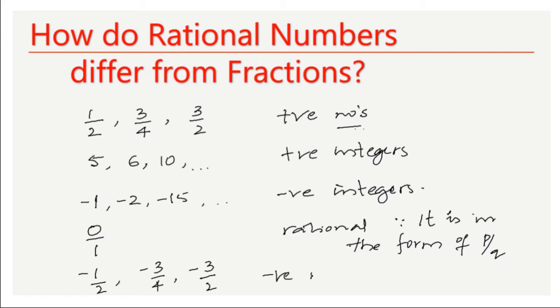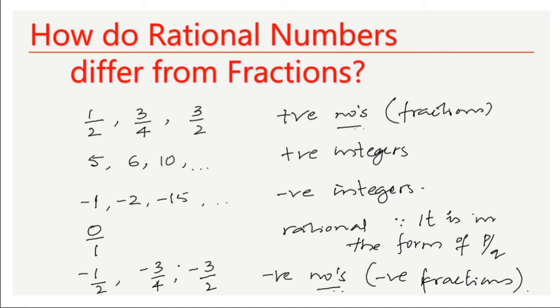These are all negative numbers. They are the negative fractions. These are the fractions, and these are the negative fractions. These are all in the form of p by q, where p and q are both integers and q is not equal to 0. So I mean to say that the set of rational numbers is larger than fractions because both the positive fractions and the negative fractions are present in the set of rational numbers.